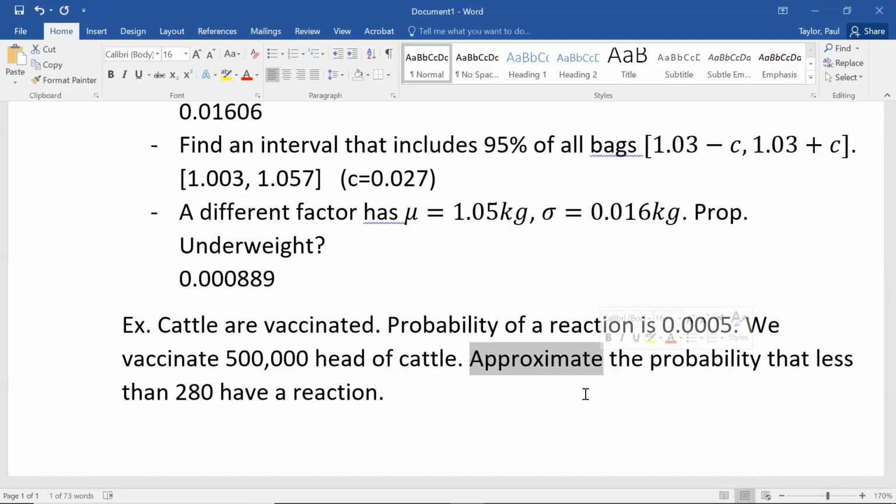But the binomial formula could tell you the probability that 280 have a reaction, or 279, or 278, or 277. If we wanted the probability that less than 280 had a reaction, we'd have to do the binomial formula for every number from 0 up to 280, or maybe up to 279, since it says less than 280.